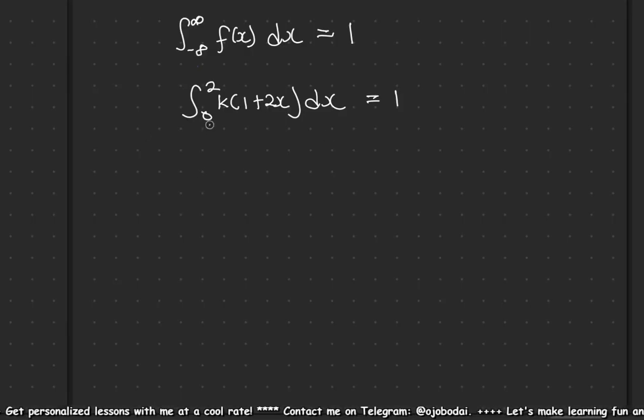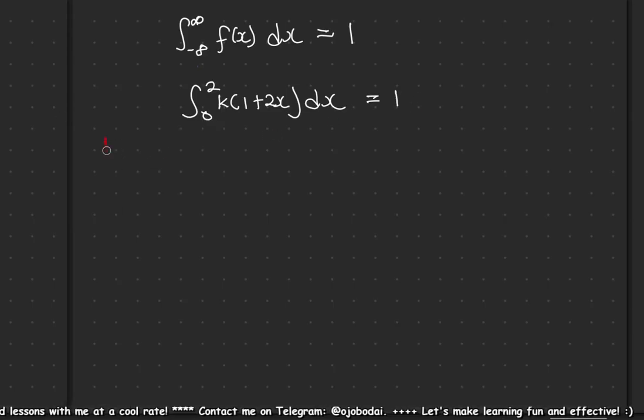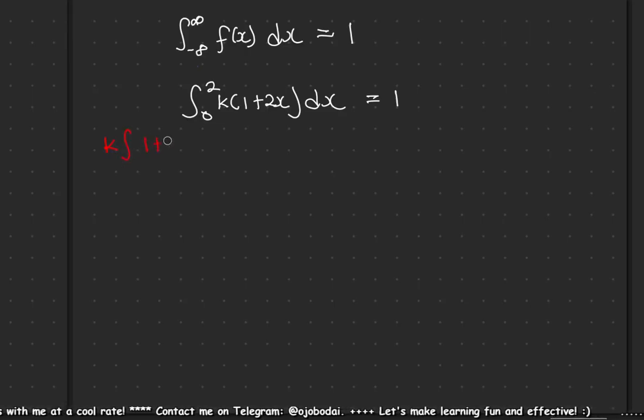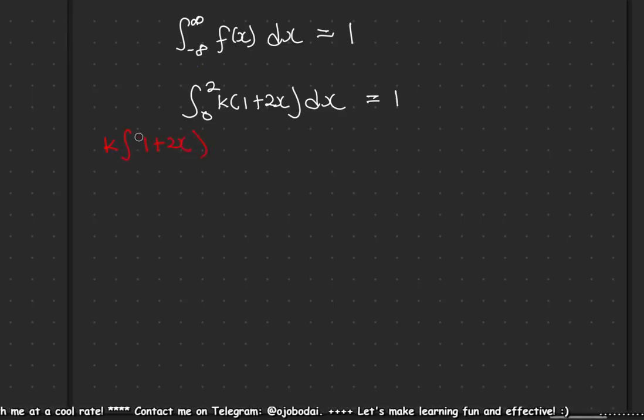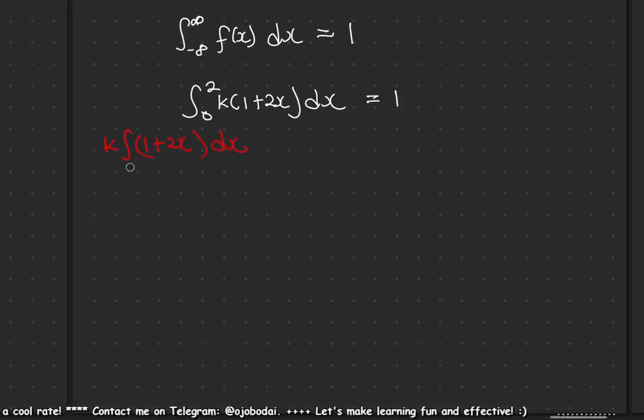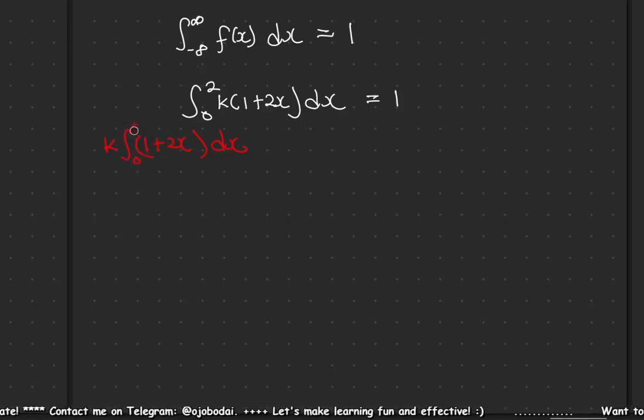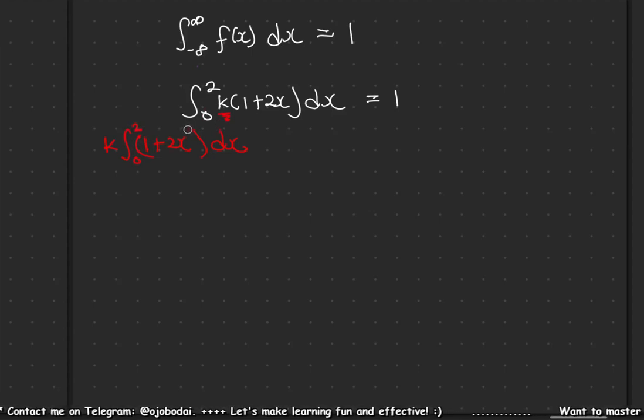Now we know that this k over here can come outside, so that it now becomes k, then we now have our integral of 1 plus 2x dx, right? With our limits 0 to 2. All we are doing is we are moving this k outside. You see?